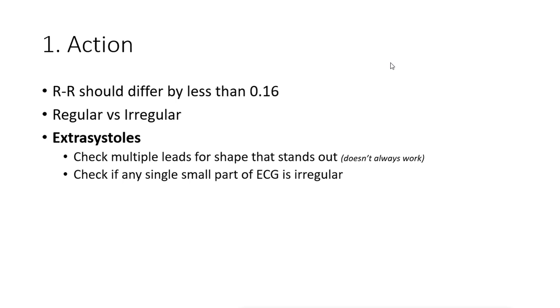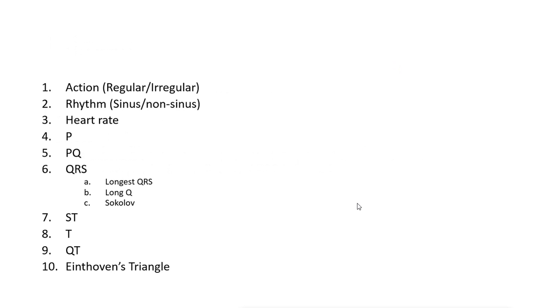What does this mean? It means when you're going through these 10 points, don't use a bizarre extrasystole and base your answers off of it. So you see a bizarre extrasystole with a massive QRS complex, and you say the QRS complex is 0.32 or something like that, which is extremely prolonged.